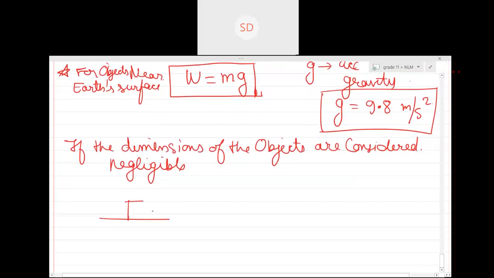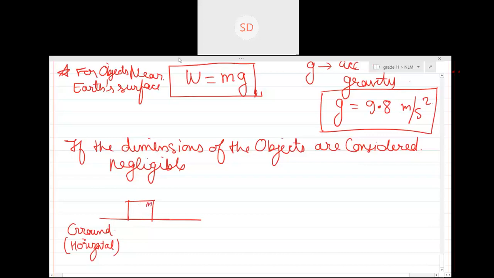So suppose there is a block. What is the direction of weight acting on this block? If this is ground, ground is horizontal, let's say. Can anyone tell me what will be the direction of weight of this object? If the mass of the object is m, then will this force mg act in the downward direction?